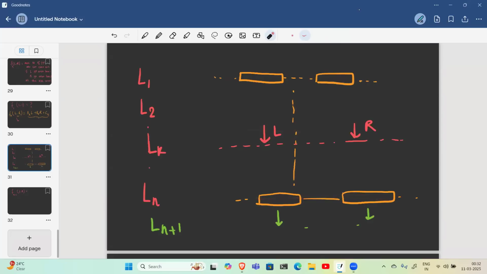Now, at every level, my function will be different. If I start from here and ask, if L people go here and R people go here, what is the maximum number of people who can come out, that answer will be different than if I ask at some other intermediate layer with L and R. So that means I have n functions, one function for each level.